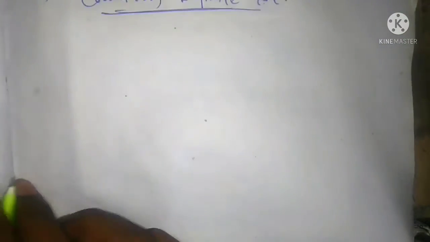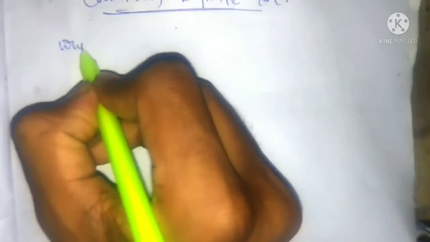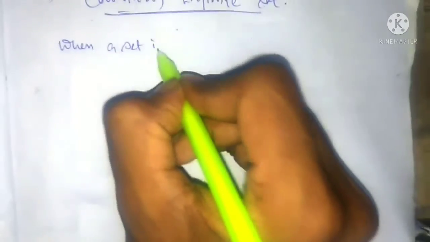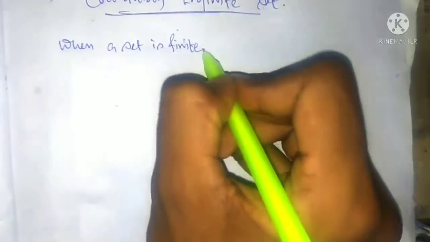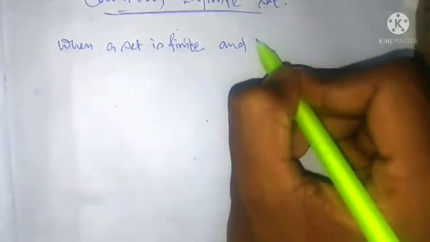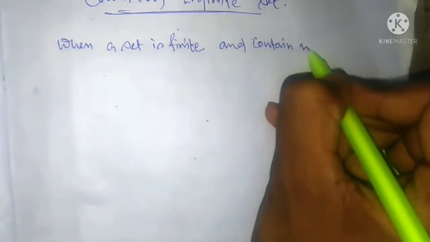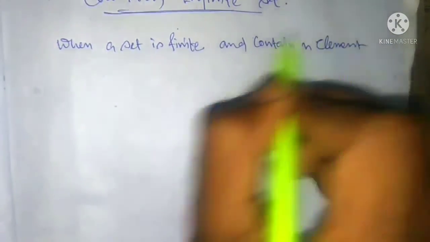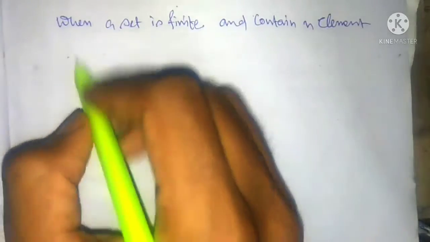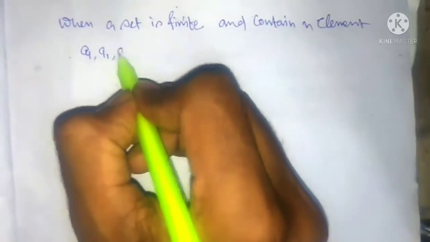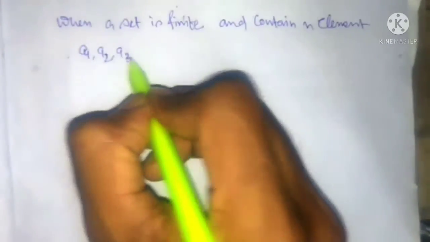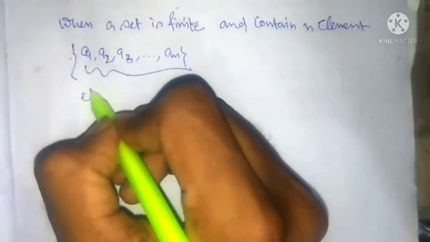We discuss how an enumerable set is described. When a set is finite and contains n elements, how do we describe it? The elements are described as a1, a2, a3, an.